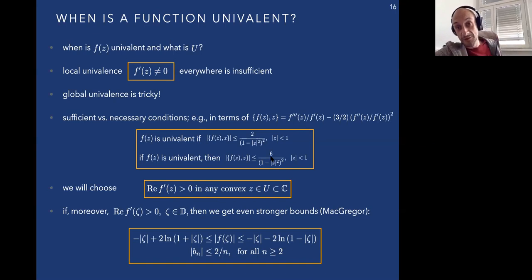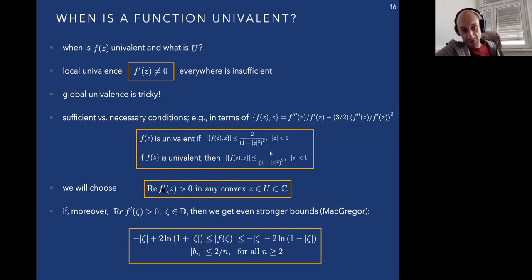Now, I will not work with the Schwarzian derivatives because I don't know what the physical meaning of a Schwarzian derivative of a dispersion relation is. Maybe there is some deep meaning to this, I don't know what it is. So for me, the most convenient condition is to have the real part of the derivative of this function be positive in any convex region.